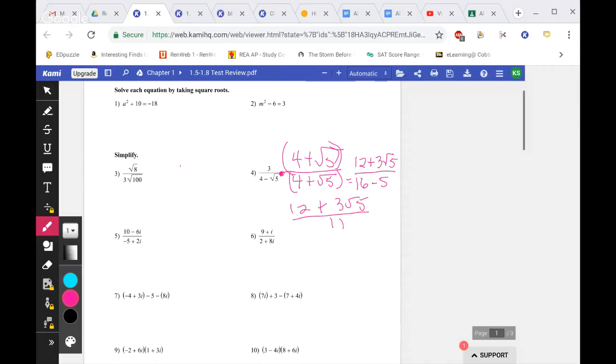Could you also do that for number 3? No, that's what we were just talking about: when you're looking at that square root of 100, 100 is a perfect square. Oh, okay. So no, you would just take it out. So you kind of have to look at each problem and know, okay, I can't have a radical in the denominator, but is what's in the denominator perhaps a perfect square?